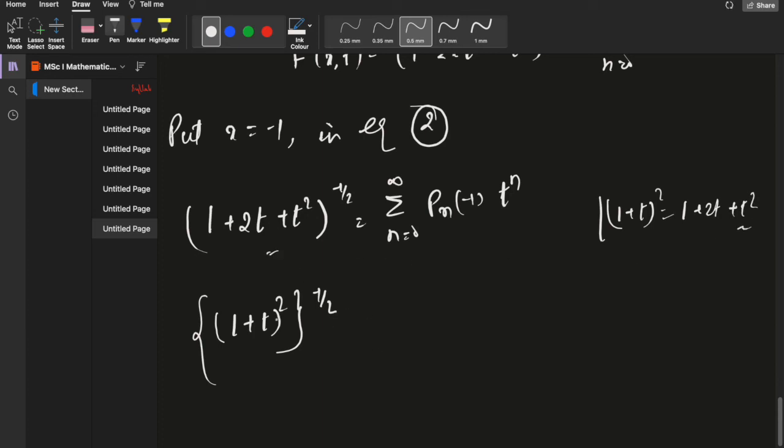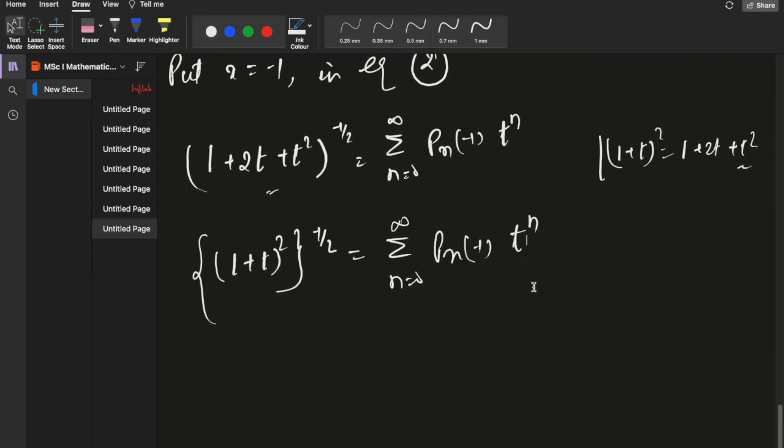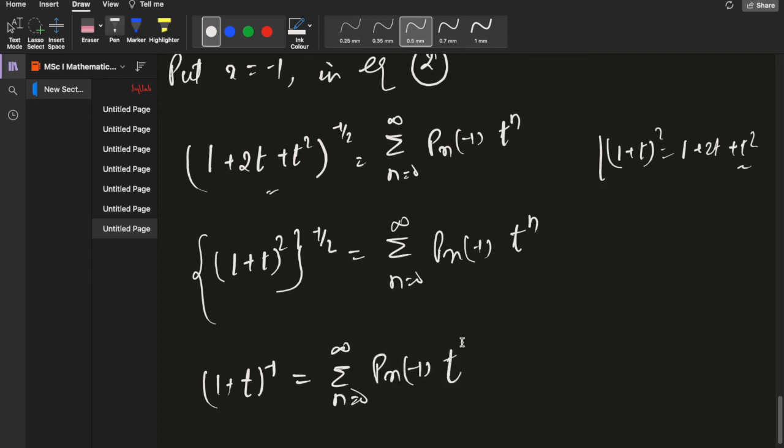So I can write this as (1 plus t) to the power 2, whole power minus half, is equal to the summation n from 0 to infinity P_n(-1) t to the power n. Now this becomes (1 plus t) to the power minus 1, which is equal to the summation n tends to 0 to infinity P_n(-1) t to the power n.